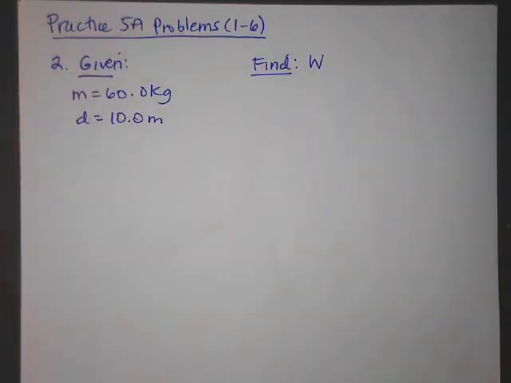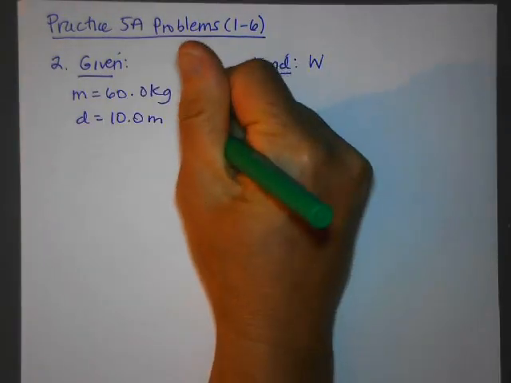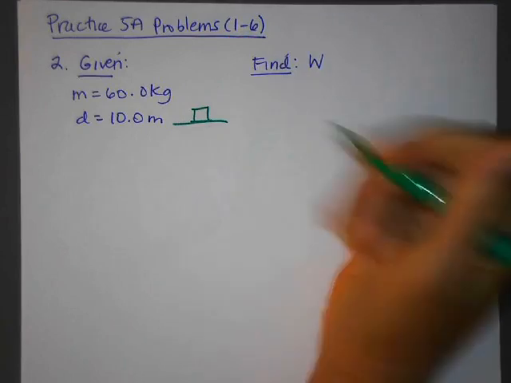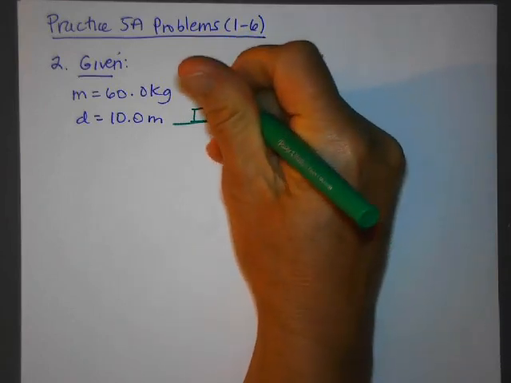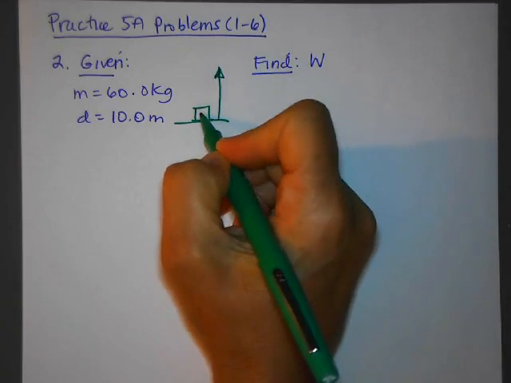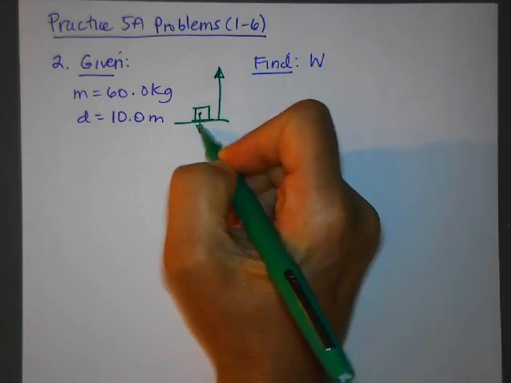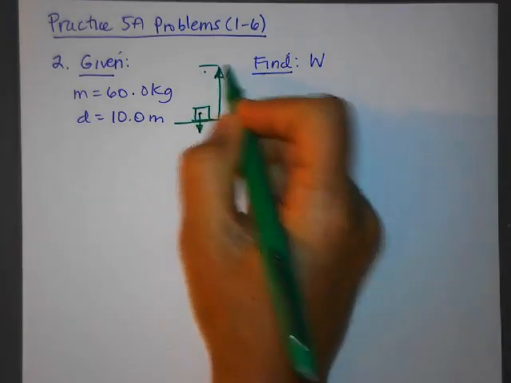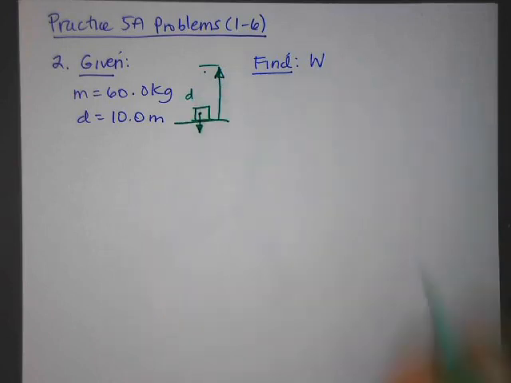So remember, work is only done in the direction in which an object moves. So if I have a crate and it's on the ground and I'm lifting it up, the force that's being displaced there is the force of weight, because the weight is a force that acts down and it's being displaced, whatever this d is.